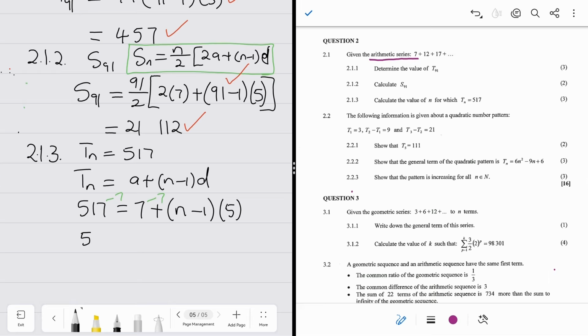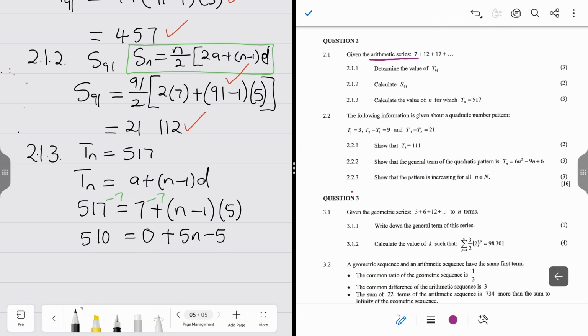So if I minus 7 out of 517, I am going to have 510, and then that equals, I can multiply this out, because 7 minus 7 on the right hand side will give me 0, and then I can add this, that will be 5n minus 5.